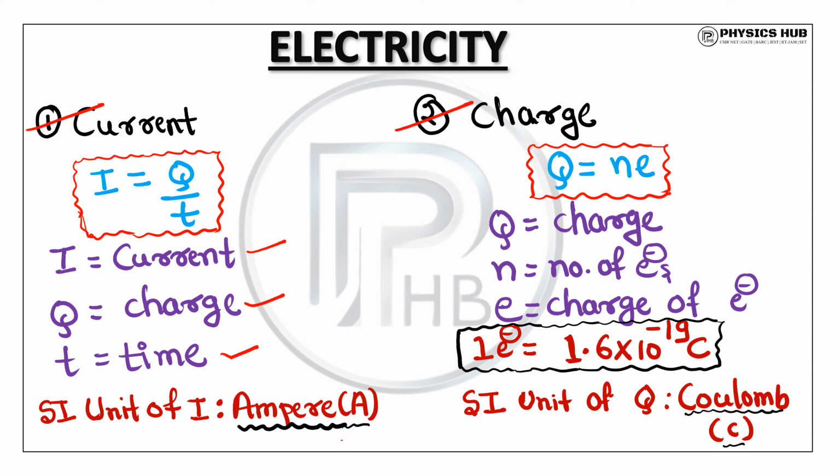Next, charge is quantized, that is Q is equal to N into E. Here Q is the charge, N is the number of electrons, and E is the charge of an electron. We know that the charge of one electron is 1.6 into 10 to the power of minus 19 coulomb. Charge is quantized in the form of number of electrons multiplied by charge of electron, and the SI unit of charge is coulomb and it is denoted by C.